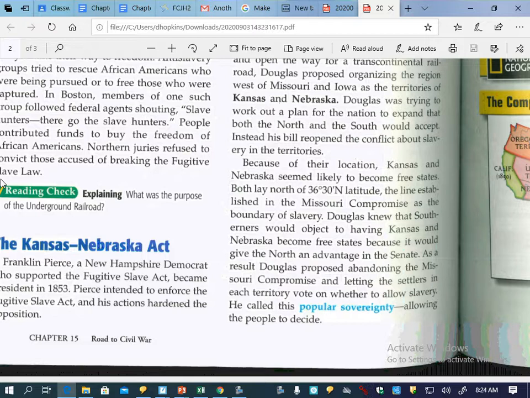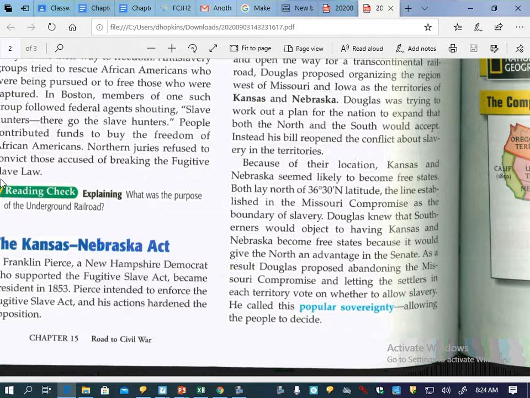Because of their location, Kansas and Nebraska seemed likely to become free states, because both lay north of the 36-degree, 30-minutes north latitude parallel that we talked about a couple of sections ago, the line established in the Missouri Compromise as the boundary of slavery.